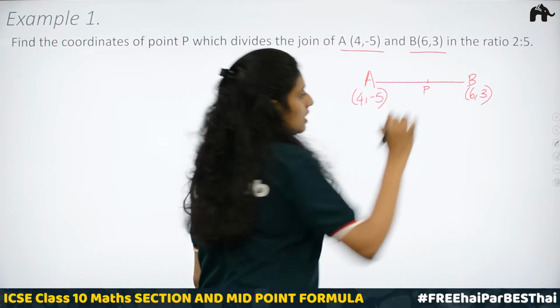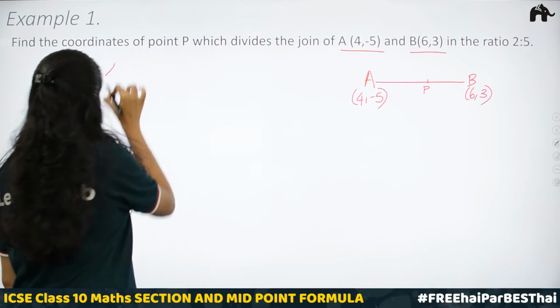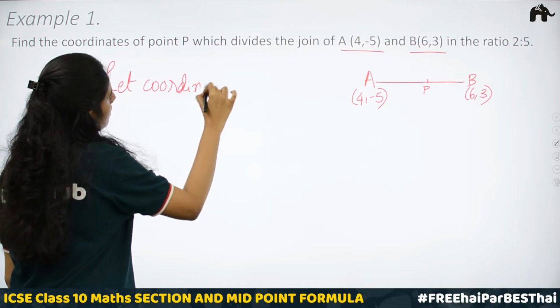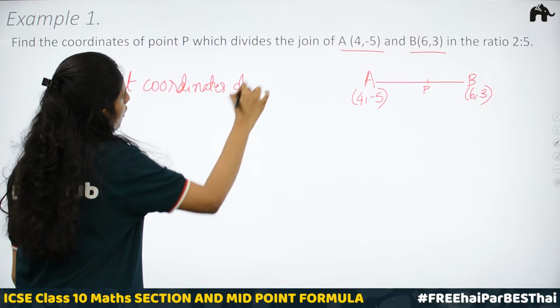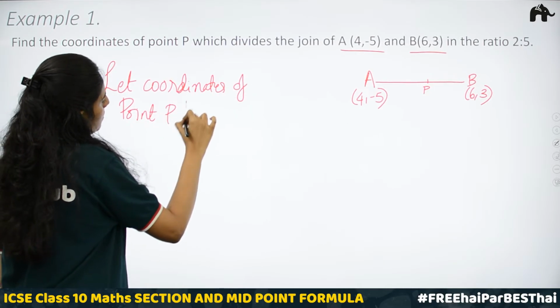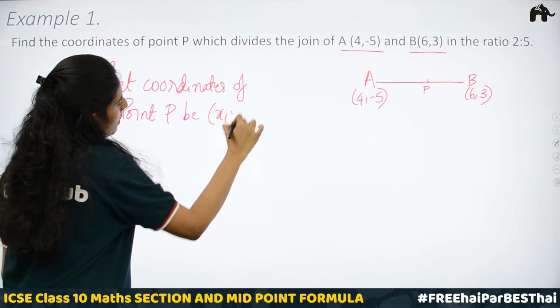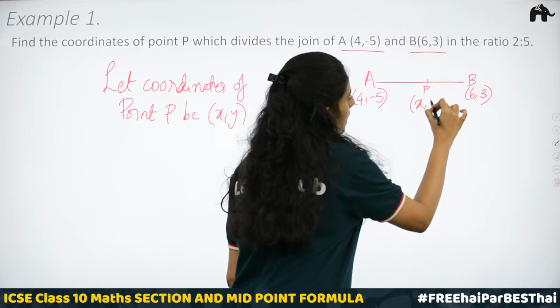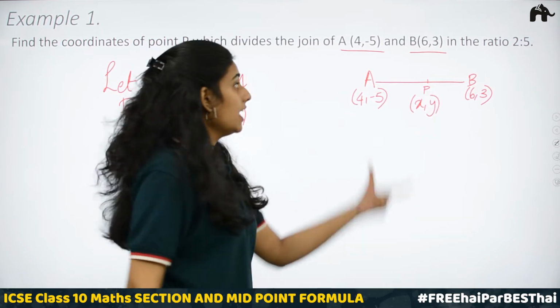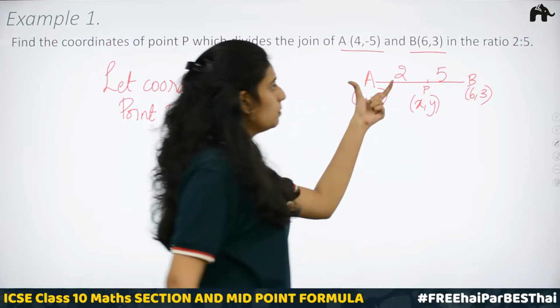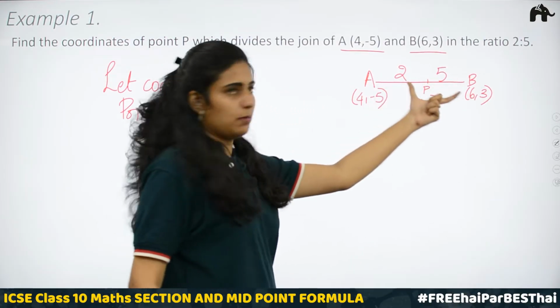Let us consider P. Let the coordinates of point P be x, y. They are divided in the ratio 2:5, 2 parts, 5 parts of AB.